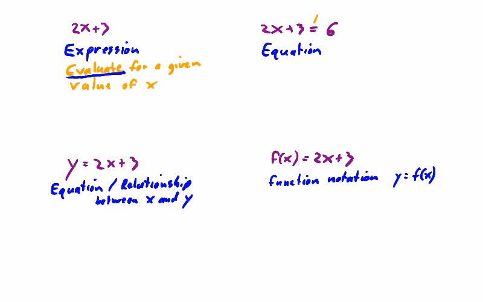So for instance, if you tell me that x is equal to 4, I can tell you that 2x plus 3 must be 11. So I can evaluate the expression when you tell me to put in a value of 4. You could have told me to put in any value, and it doesn't have to be an integer. Those are just the easy ones to do without a calculator.